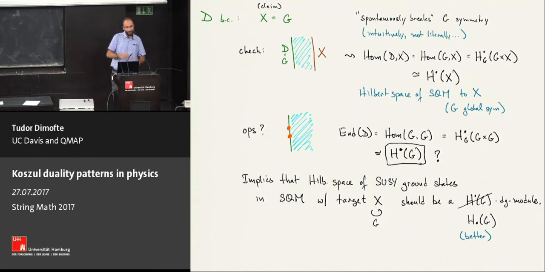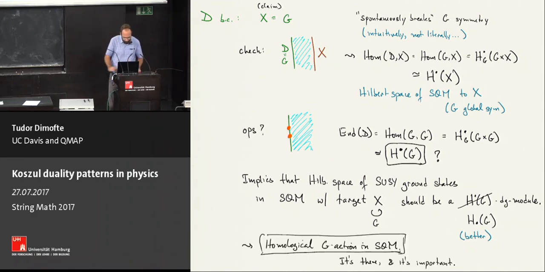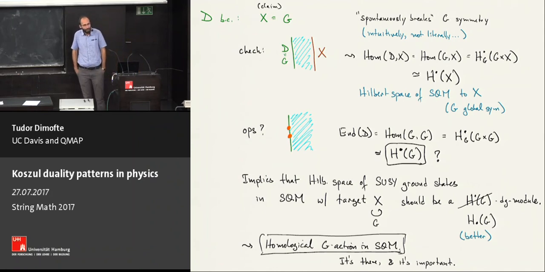This is the analog of the exterior algebra in the previous examples. And it leads to what is called a homological G action in supersymmetric quantum mechanics. And it actually exists, though as far as I know, it has not really been appreciated before.